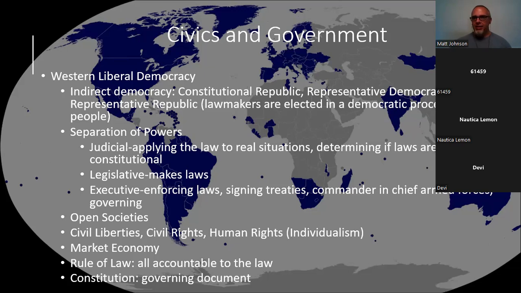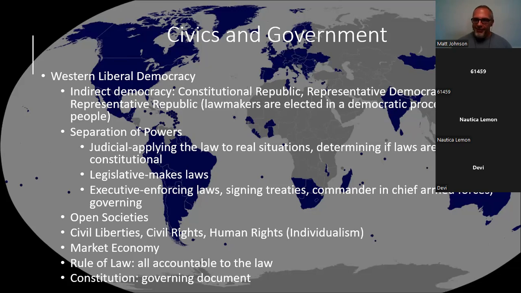So that is what our government was greatly influenced by, and what the founding fathers were influenced by. So, what exactly is a Western liberal democracy then in today's world?